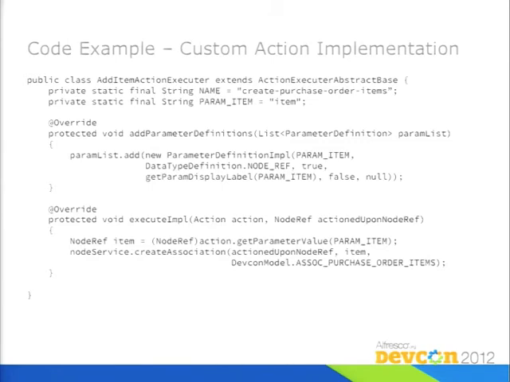A single node ref is the requirement for this action, and then we have a simple implementation. Again, this is a template method. We have an execute implementation where we get the action and the node ref of the node we are acting upon. This will be our purchase order, and within the action we have the item parameter, and we're just going to create an association between the purchase order and the item that the user's trying to buy.